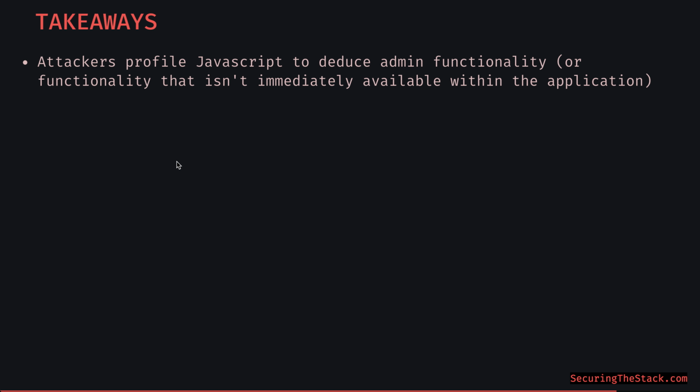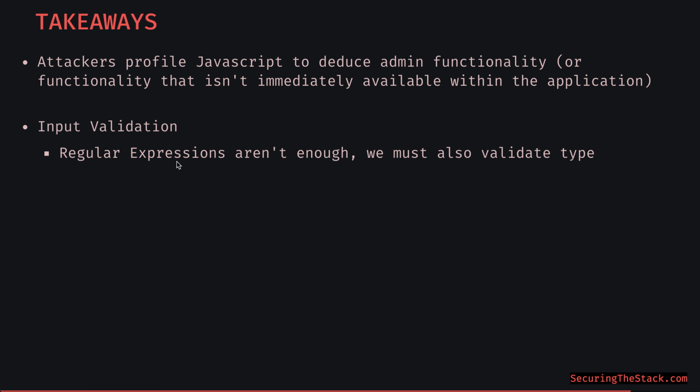Usually admin functionality is still within the client-side JavaScript, and it's on the server to validate whether a user is an admin or not. But an attacker can leverage API endpoints that contain admin in them to figure out that this is a sensitive endpoint, and then try to inject them and hyper focus on them. So just know that as well.